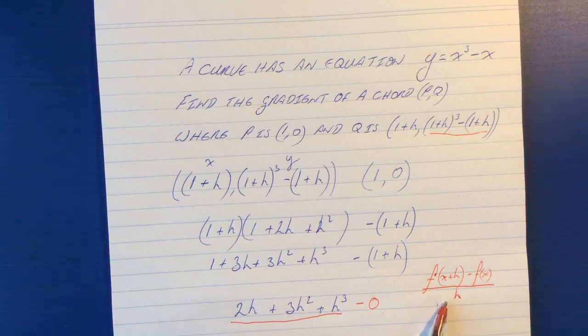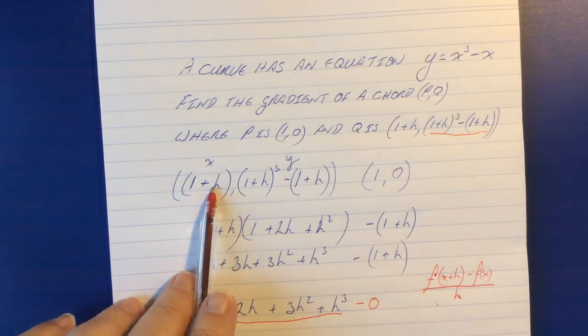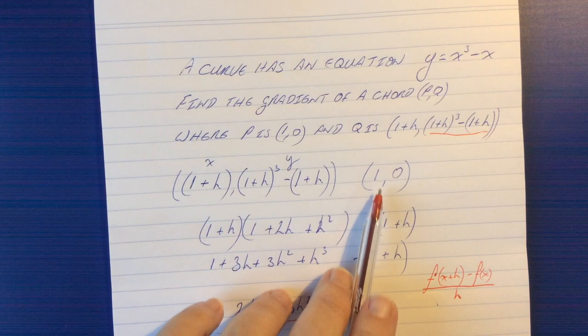But the other thing to say is that before you get to this point with the gradient function, you have the x values of your coordinates, which will be 1 plus h and 1.